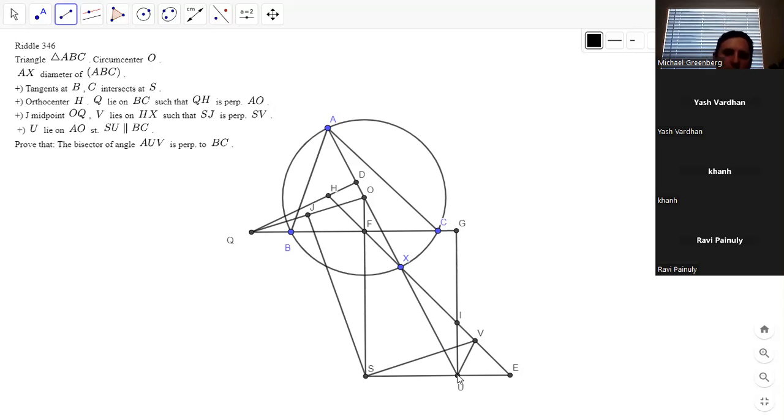So what's our ultimate plan? Do we want to use projective geometry? Do we want to show UVE is similar to another triangle?